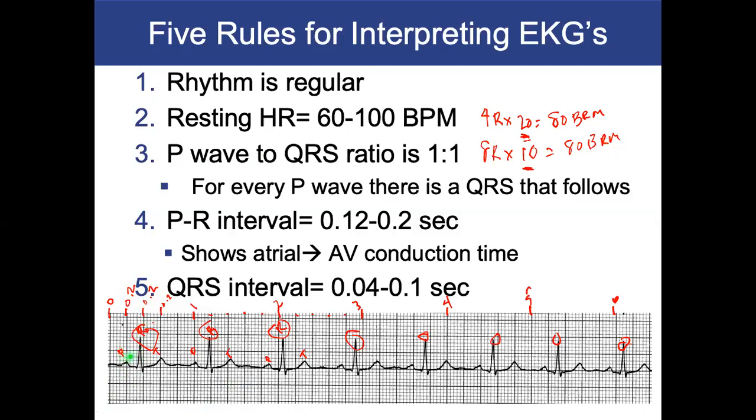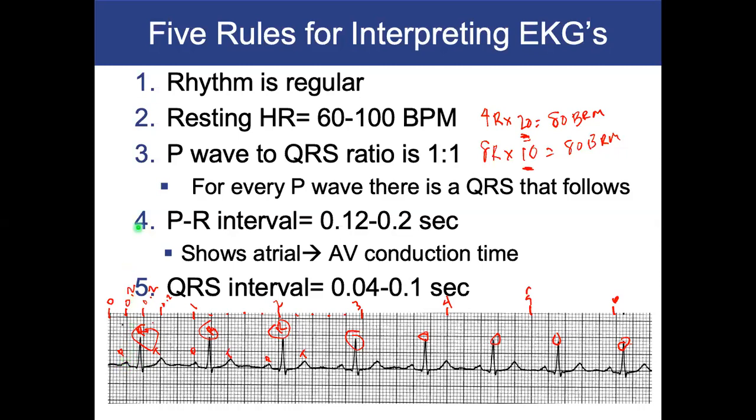So here's a P, here's your QRS. P, QRS, P, QRS, P, QRS. So this EKG would be a 1-to-1 ratio. What does that mean? That means that the SA node and the AV node are in communication, okay? We'll go over the abnormals in a second.